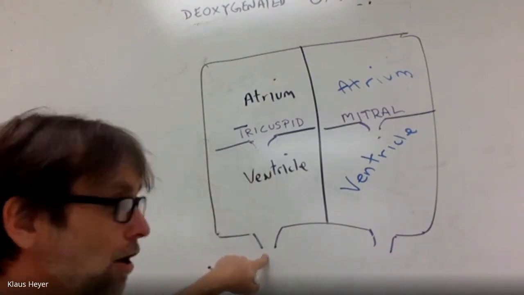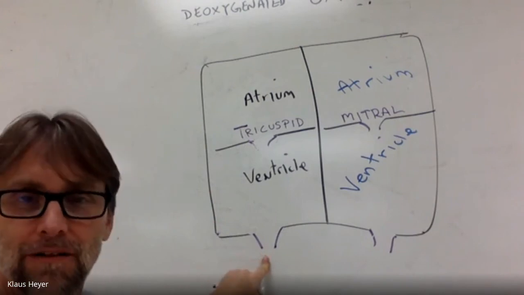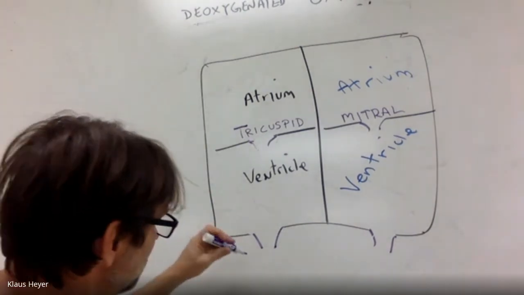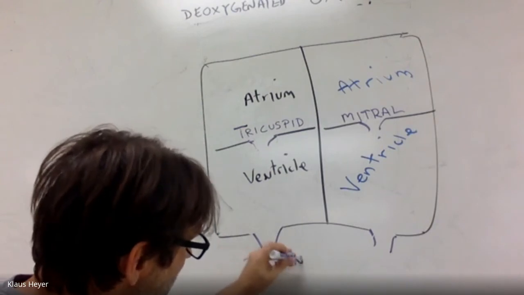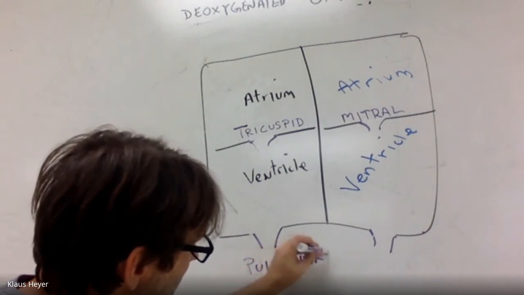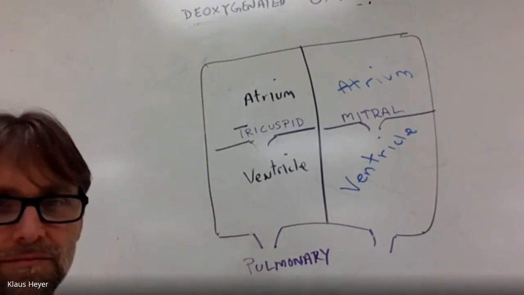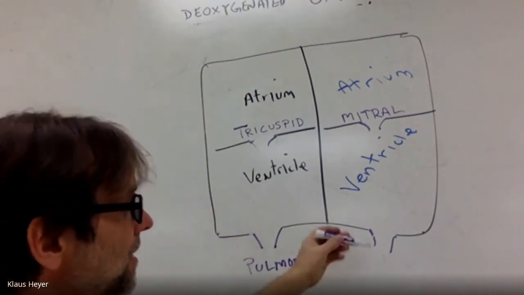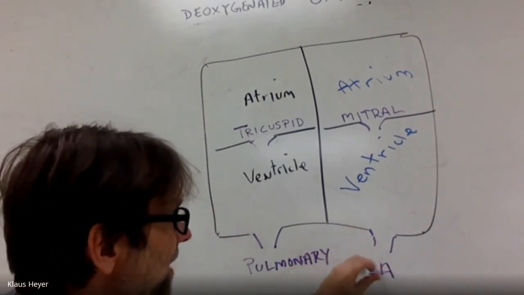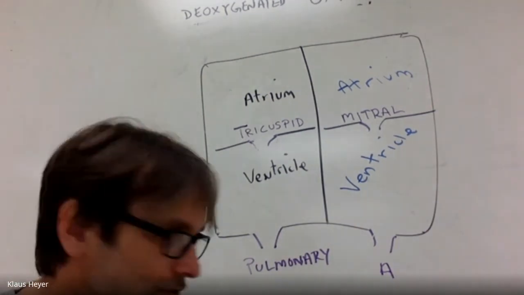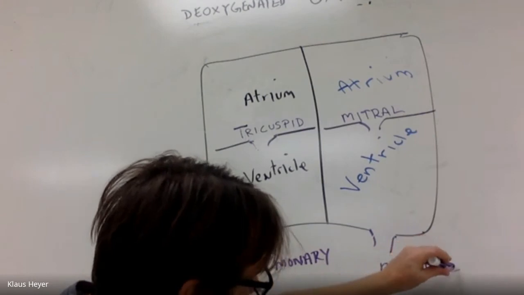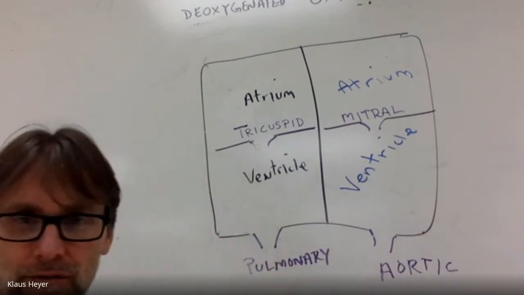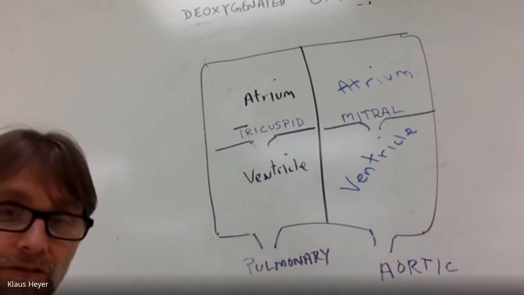So we're going to call this valve pulmonary for lungs, the pulmonary valve. We're going to call this one, because it's going into a blood vessel called the aorta, aortic. So you got four.